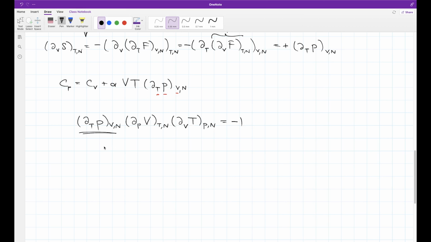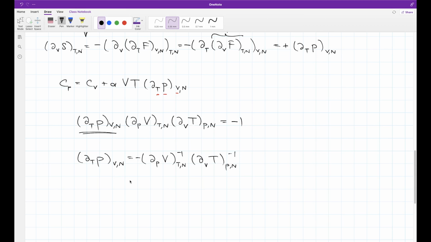This is the thing we know, so let's get it on a side by itself by moving both of those over. So the partial with respect to T of P while fixing V and N is equal to the partial with respect to P of V fixing T and N multiplicative inverse times the partial with respect to V of T fixing P and N multiplicative inverse, and I forgot this minus sign here from the minus 1.